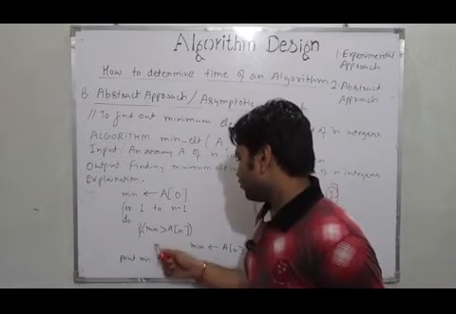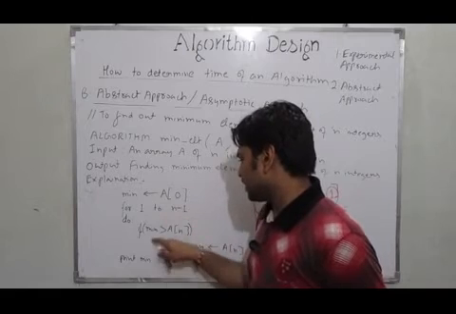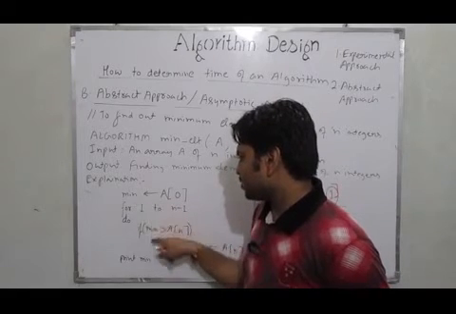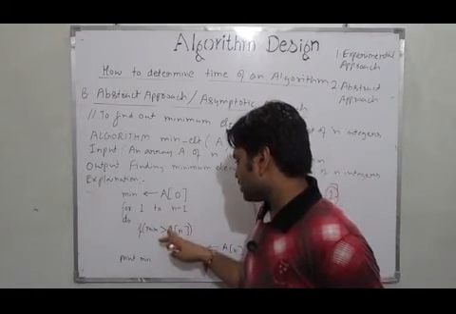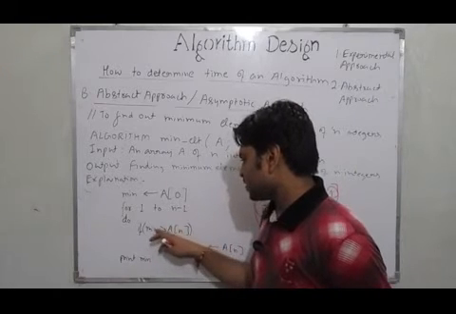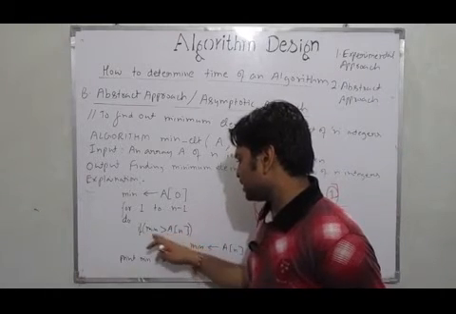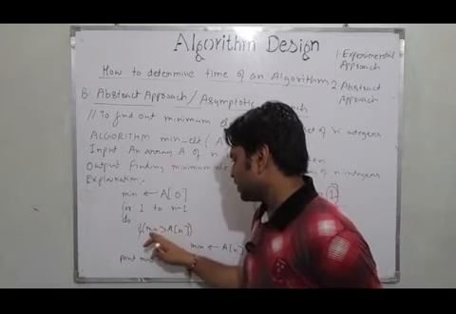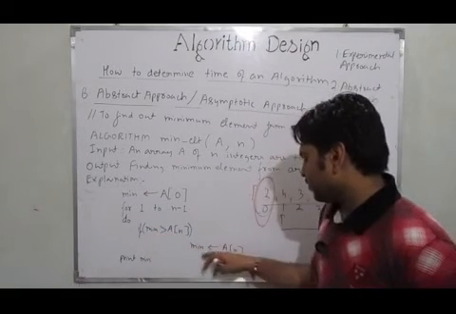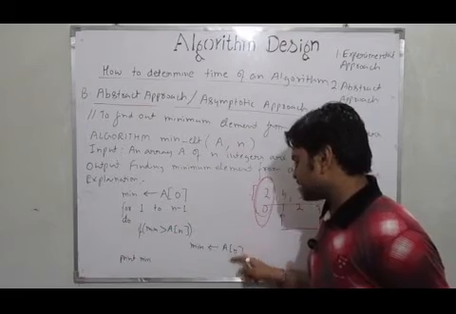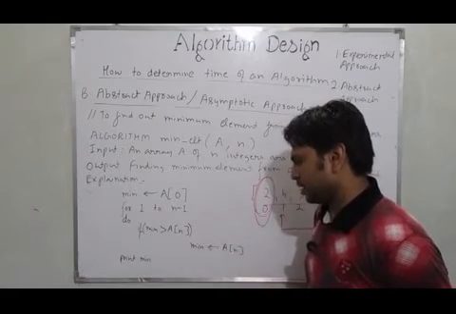We will move from first to n minus 1 element, and on each comparison we have to find whether the minimum element chosen by us is greater than a[i]. If it is greater than a[i], that means this element is smaller than the minimum element, and we would then assign that element as the minimum element in this minimum variable.